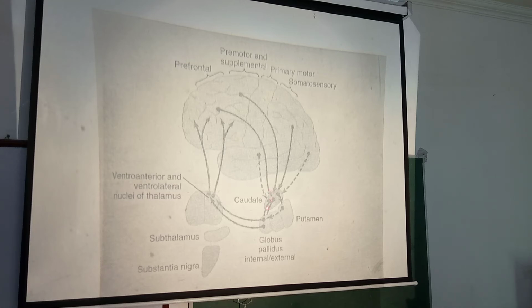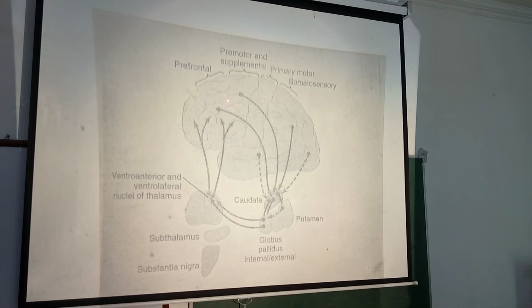From caudate to globus pallidus, and from here to the ventro-anterior and ventro-lateral thalamic nuclei, and from thalamic nuclei, nerve fibers go to the prefrontal cortex mainly. Right?